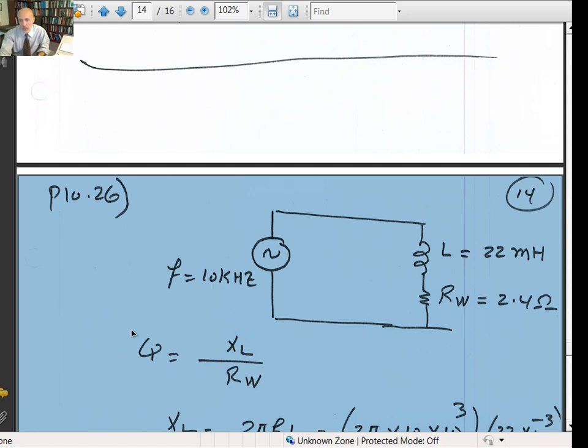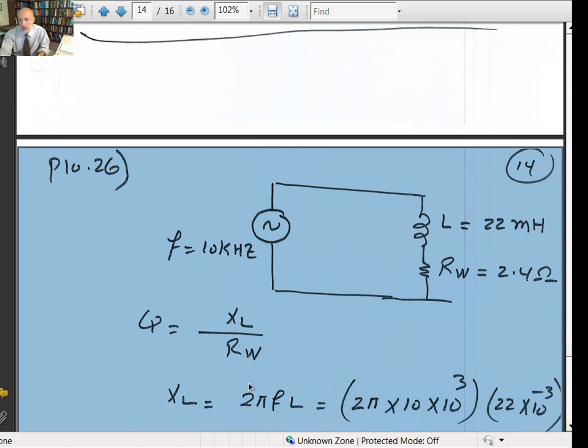Well, we saw the quality factor is XL divided by RW. So if you have the inductance value and the frequency, you should be able to calculate the reactance of the inductance. Just like a capacitor acts against any change in voltage across it, the inductance does the exact opposite.